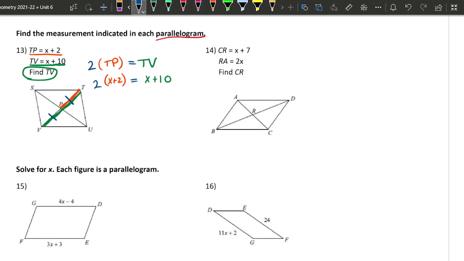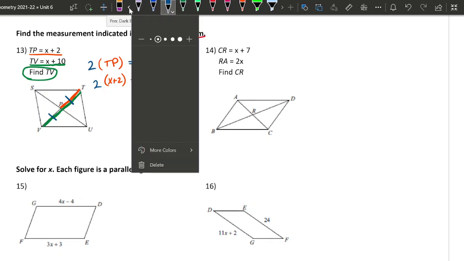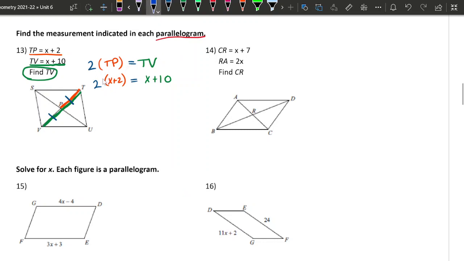All right, so solving this equation, I'm going to take 2 and distribute it into the parentheses. So now I have 2x plus 4 equals x plus 10. I need to solve for x before I can find TV.